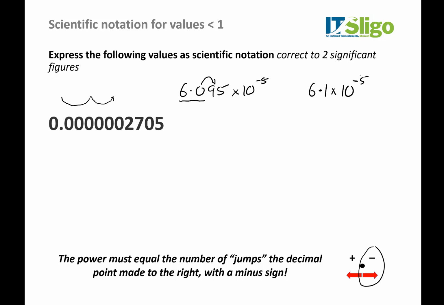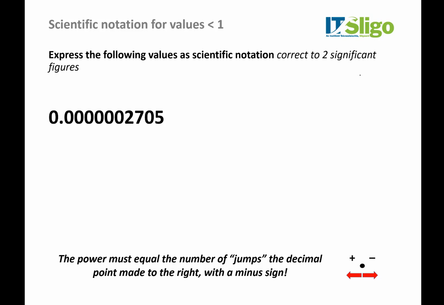The next example. 2.705 by 10 to the power of 3, 6, 7. 10 to the minus 7. To 2 significant figures, we don't round up. And there's my answer.